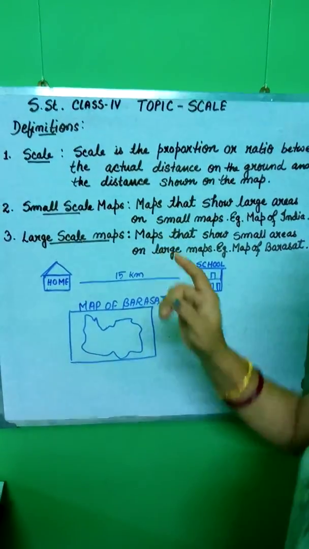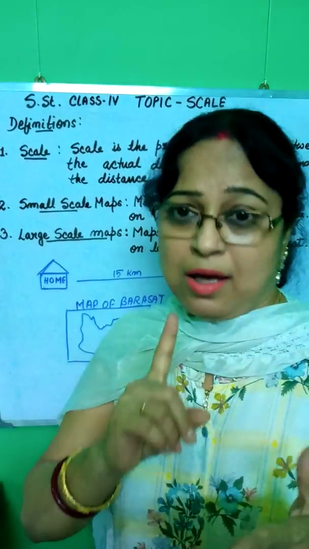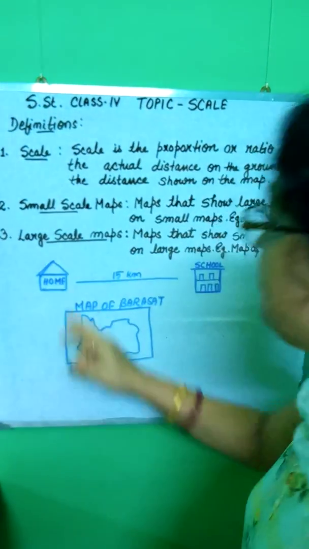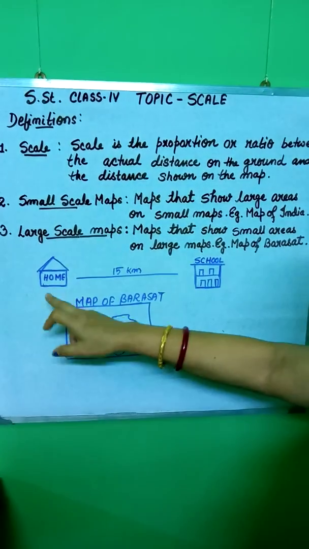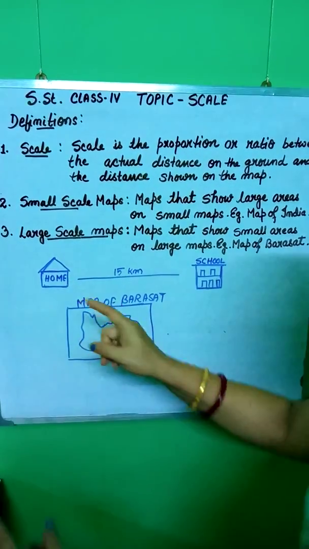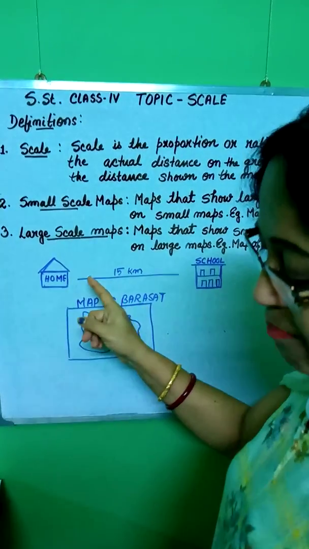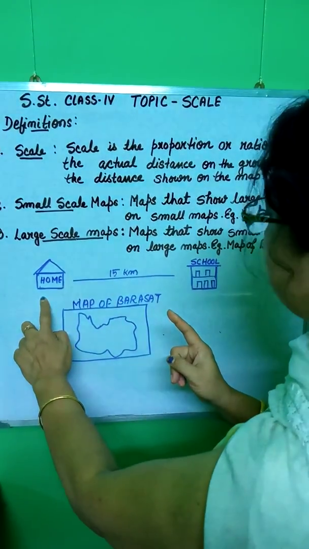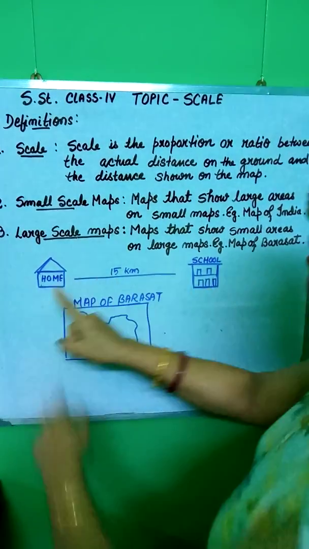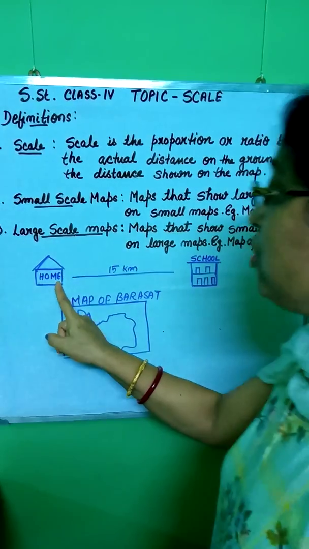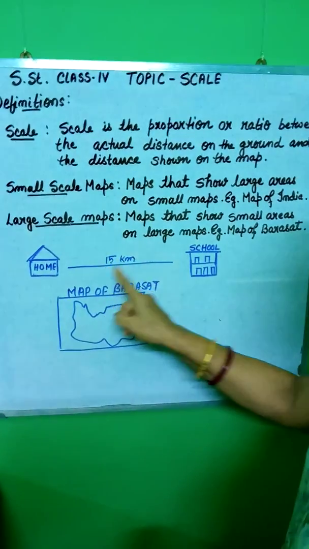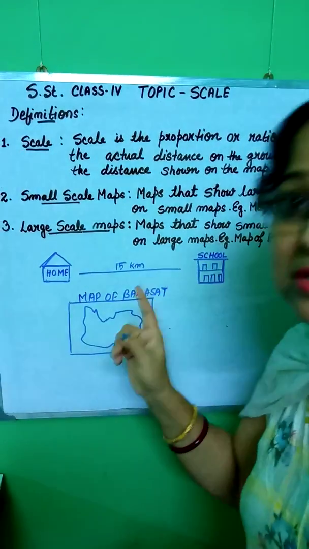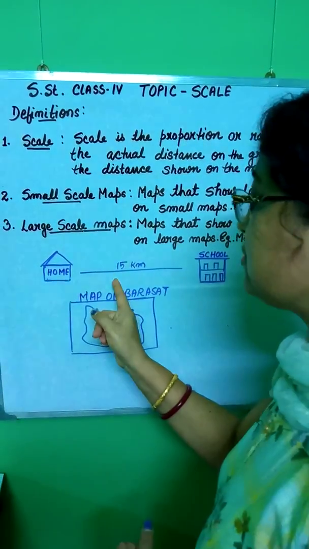Listen, I want to give you one example to make it clear. For example, I am giving you the distance between your home and school. The distance between your home and school is 15 kilometers. This is the actual distance on the ground.